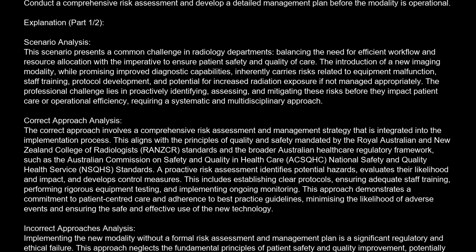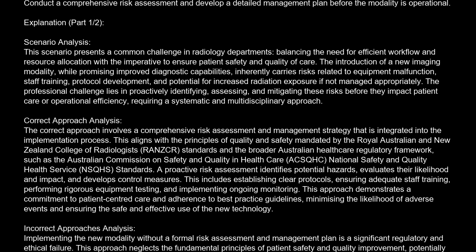A proactive risk assessment identifies potential hazards, evaluates their likelihood and impact, and develops control measures. This includes establishing clear protocols, ensuring adequate staff training, performing rigorous equipment testing, and implementing ongoing monitoring. This approach demonstrates a commitment to patient-centered care and adherence to best practice guidelines, minimizing the likelihood of adverse events and ensuring the safe and effective use of the new technology.